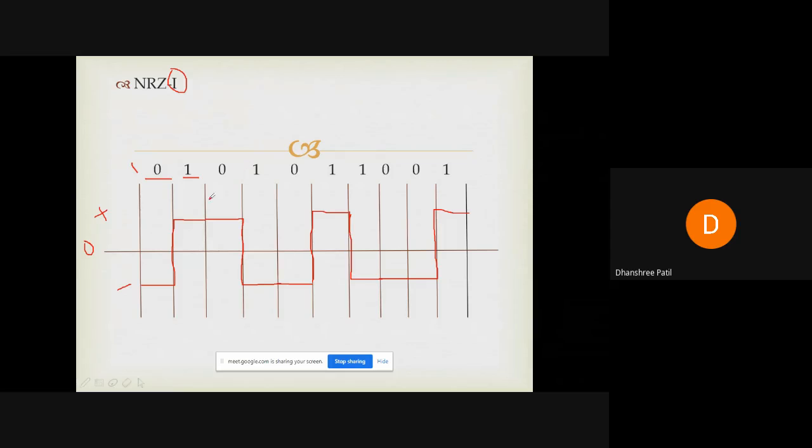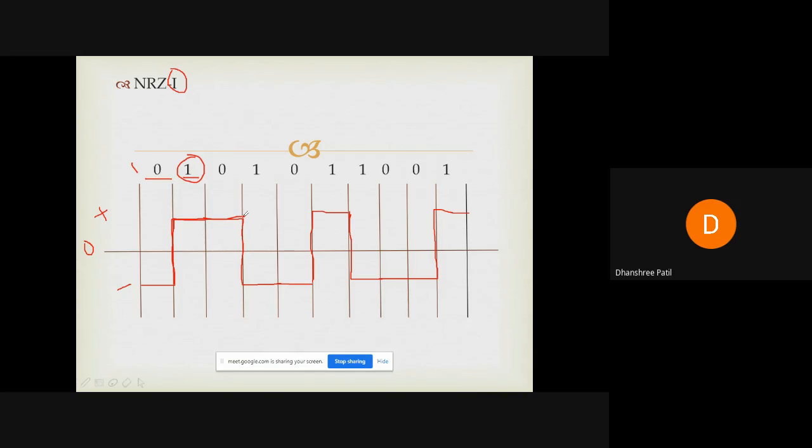So I cannot move forward like this. I have to go to the opposite side to make the transition for the 1. So I will complete this signal first, go to the positive side, and then mark the signal for the 1.